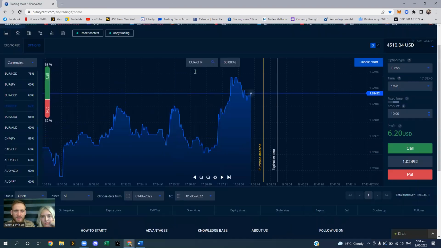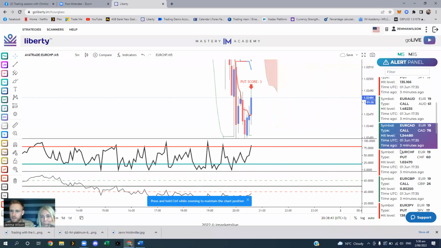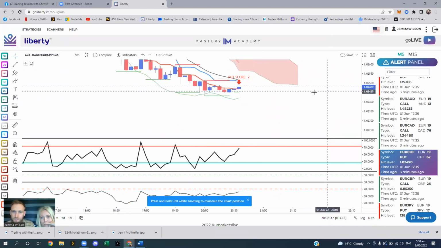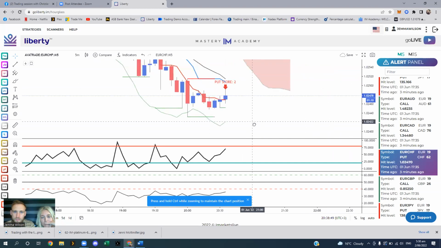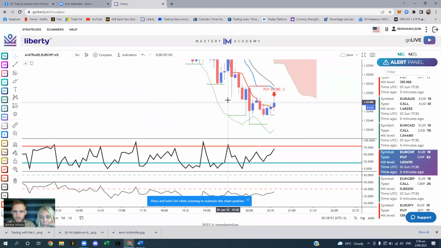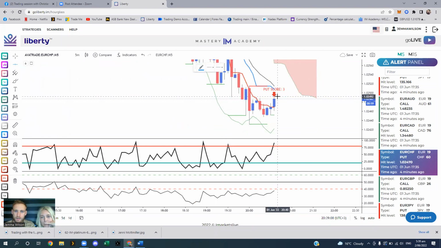Actually, that was possibly Euro Chef. Let's see if we can take this on the next candle. So we've got some structure in here.